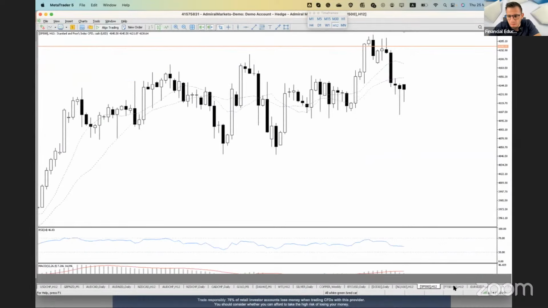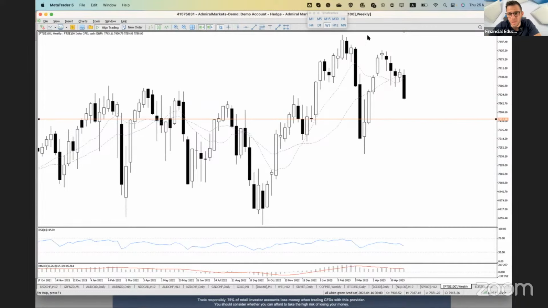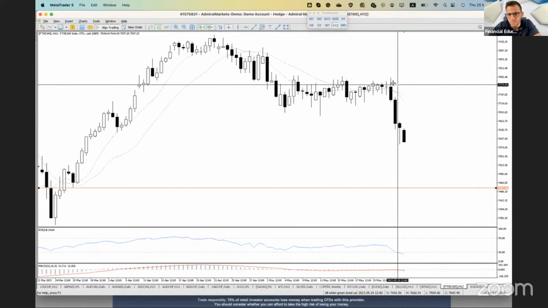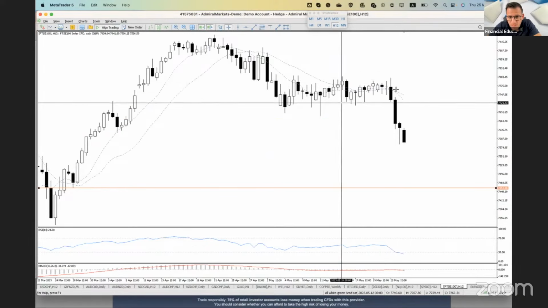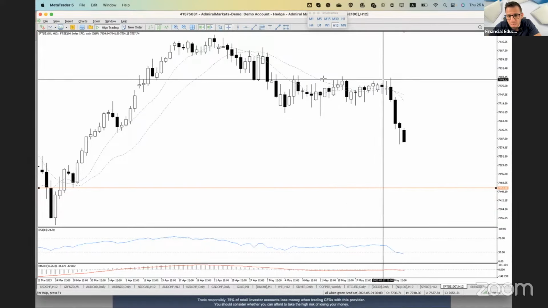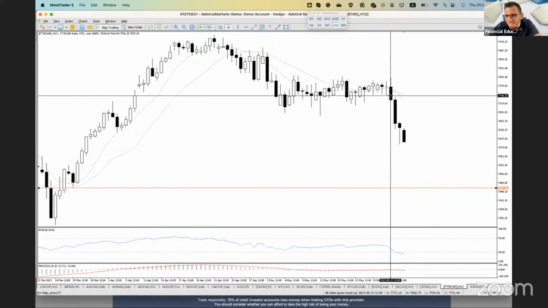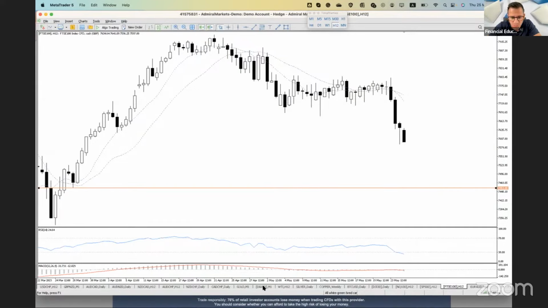S&P and FTSE, as I said yesterday, FTSE is one of the most promising indices to trade to the downside, trade it short. And I can say that I wasn't wrong, because after this area of consolidation, buyers had the opportunity to take control. They didn't. So the sellers took control and the price is just pressing lower.